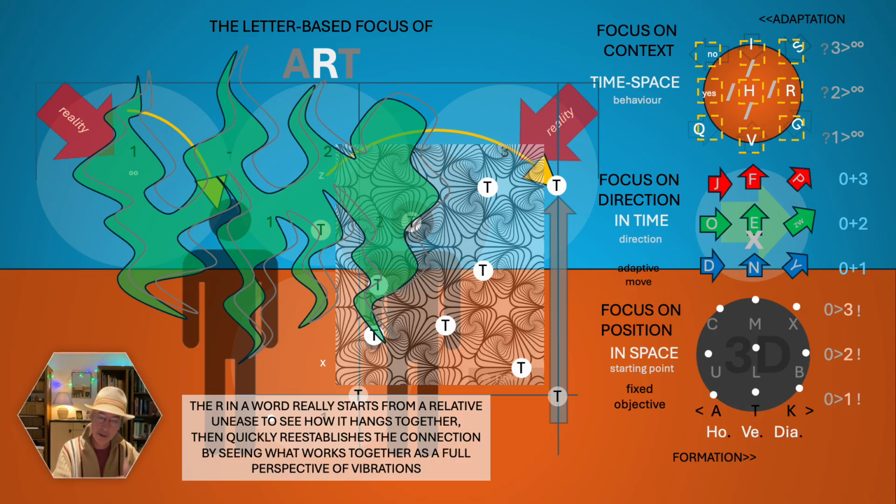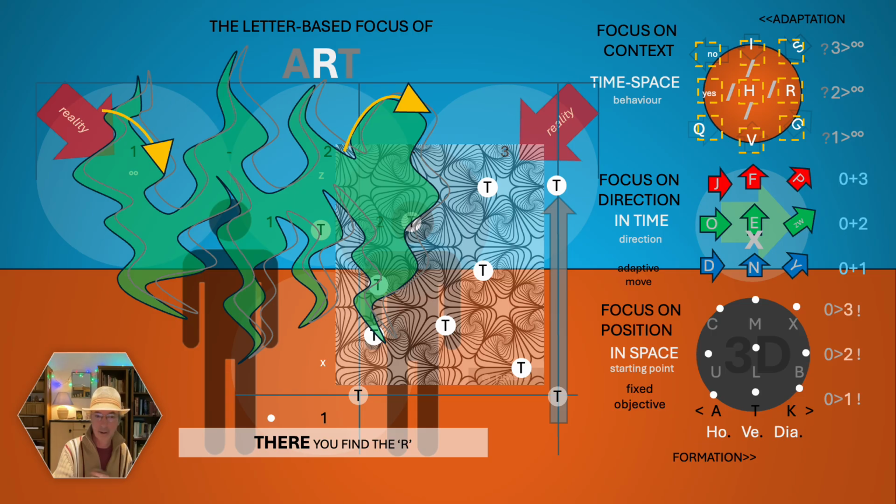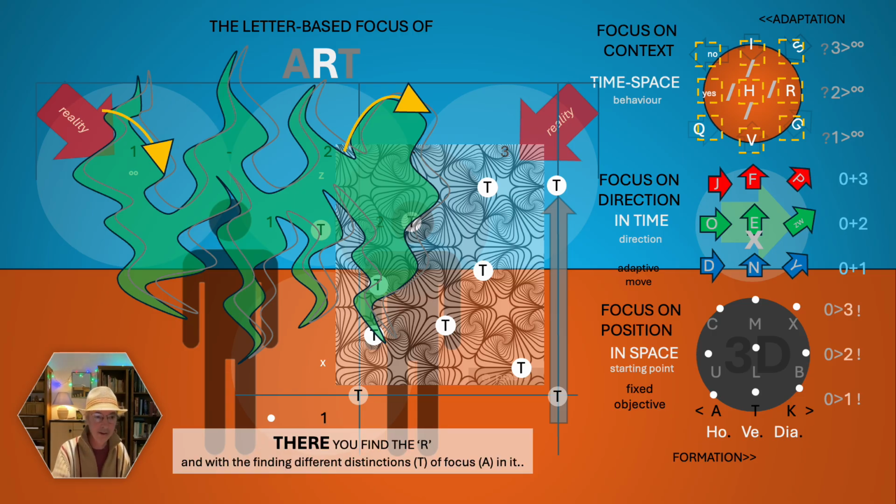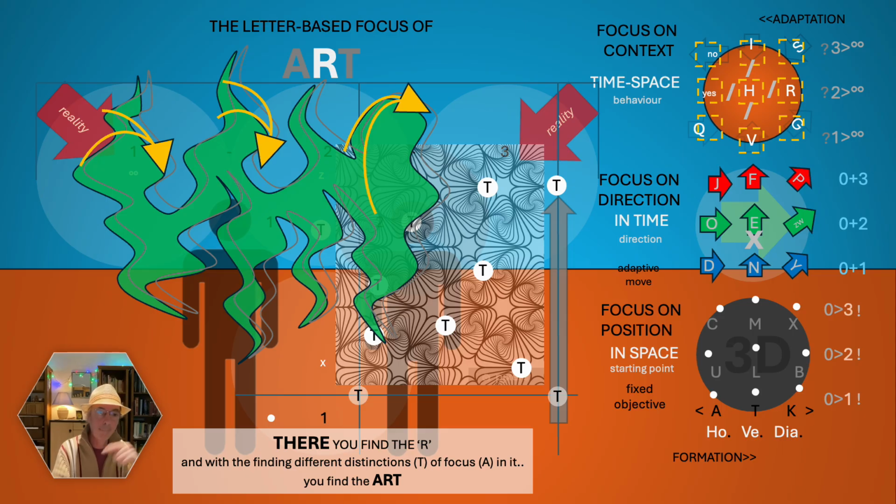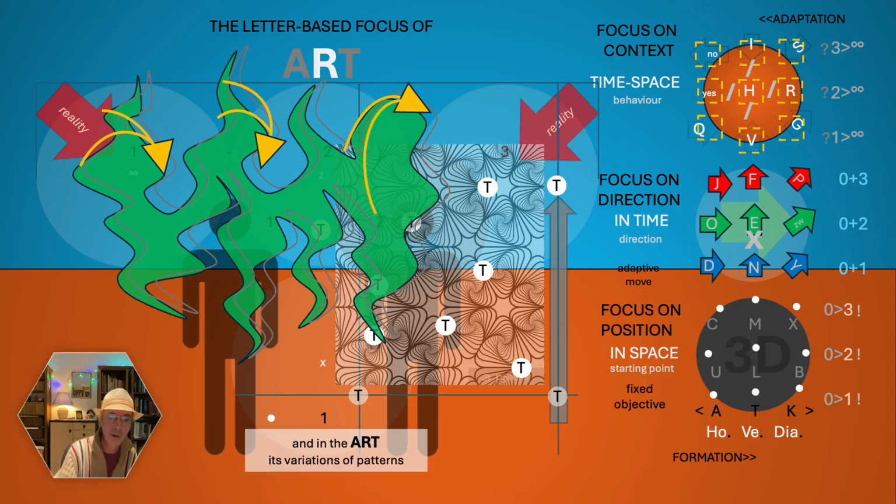And when I make it hang together better in this expression, so that I can distinct more, then of course I will find the R in the details. And when I find the R, I can find more distinctions or focus. I will make more focus and more patterns in a way. That's what art is about. It's about finding patterns. Art is finding the variations, more and more variations, so that it can live better.